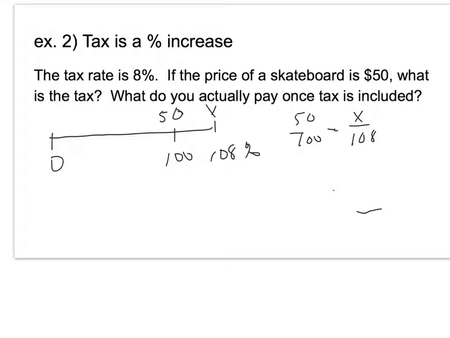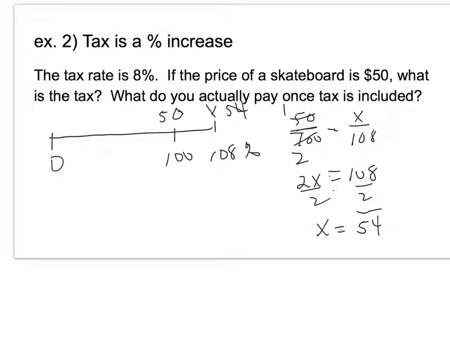I'm going to simplify 50 over 100 first. Let's call that 1/2. So when we cross multiply, we get 2x equals 108. Divide by 2, and you get x equals 54. So x is 54.